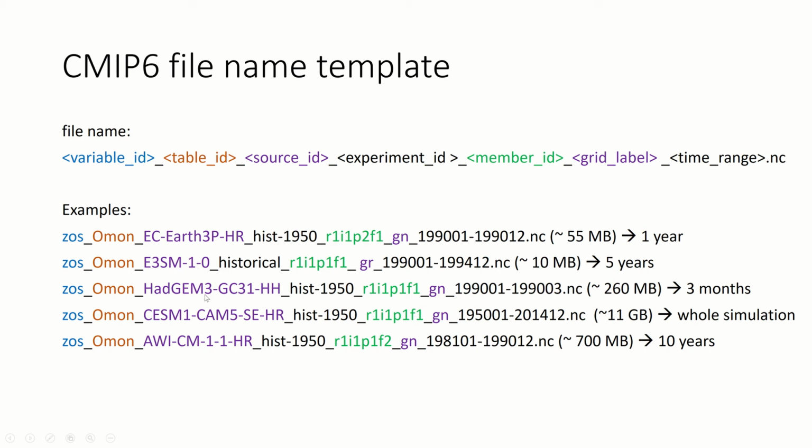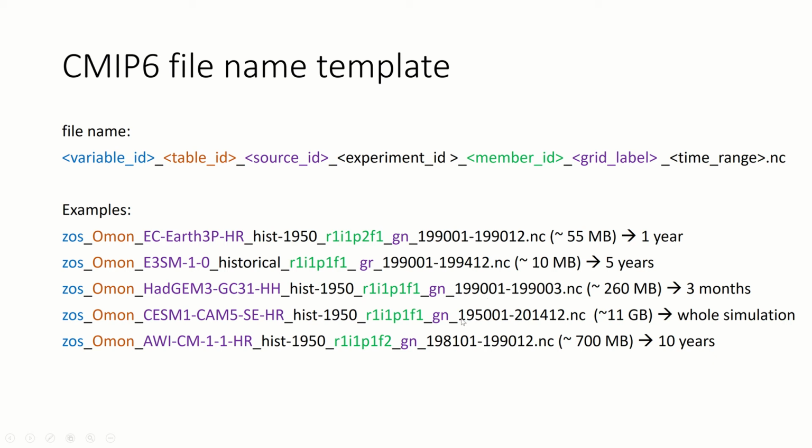So for example, this is a very high resolution one. You see they store their data 3 months by 3 months, and 3 months of data is only 2600 megabytes. For example, for this modeling group and for this simulation, they just store everything, the whole simulation, in one file.